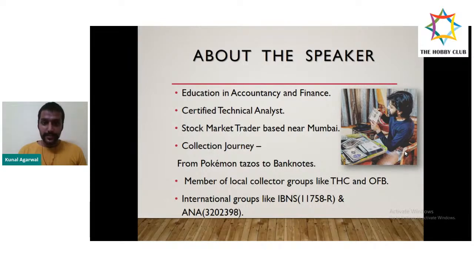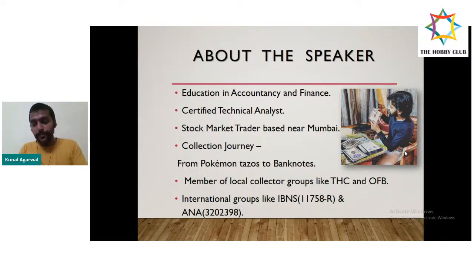As for my collection journey, I started as a kid collecting Pokemon Tazos. You get those Tazos in a pack of Cheetos, and it started fascinating me. I started collecting them. Then I went to cards, the Pokemon cards, and WWE cards, things like that. Then the chain started, and after that I went into stamp collections.